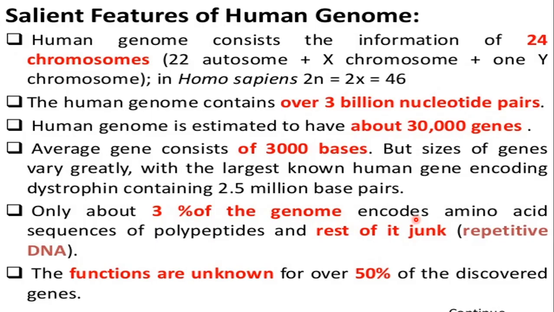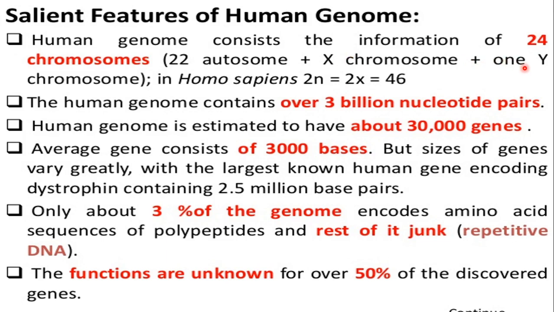Then, whichever method was followed, after completing, the final outcome of the Human Genome Project was put under different headings. The human genome conclusions: the human genome consists of the information of 24 chromosomes. Why 24? 22 autosomes plus X chromosome and also one Y chromosome in males.